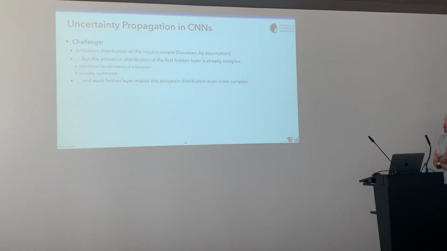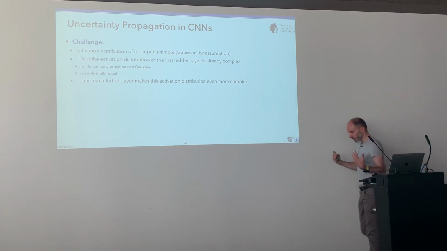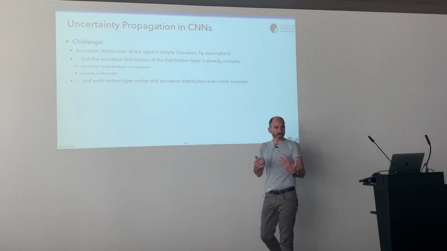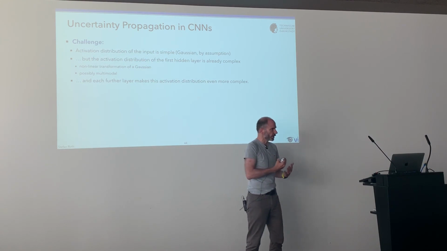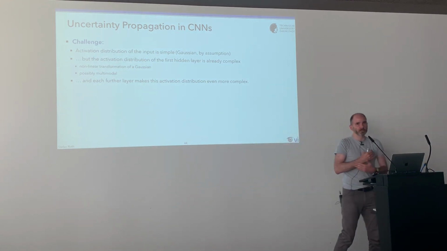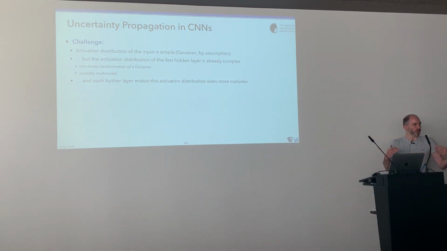So the problem is, even if the input activation distribution is Gaussian and is really simple, like camera noise, which I can approximate as Gaussian, after the first nonlinear layer, the distribution is no longer Gaussian. It's multimodal and complicated. Okay? And so how would I even represent that? That's difficult. So I might need to approximate this because at every layer, the distribution is only going to become more complex.